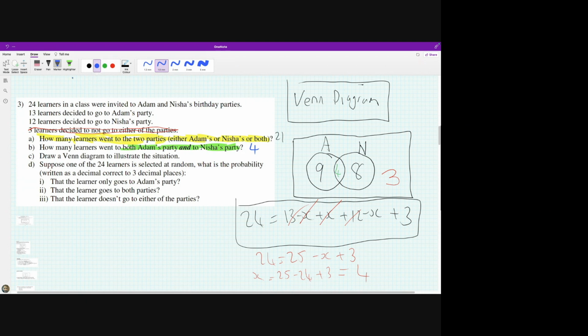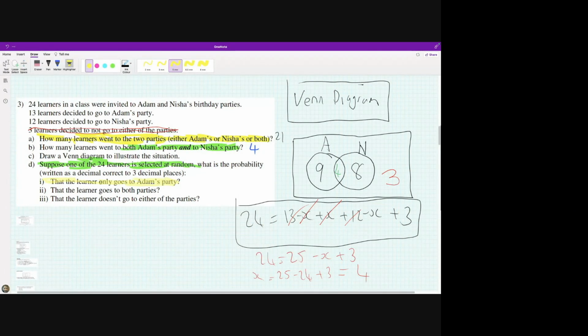Okay, now on to question D. It says, suppose one of the 24 learners is selected at random. What is the probability that the learner only goes to Adam's party?